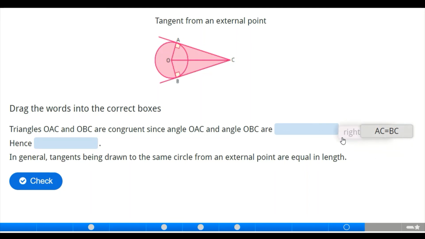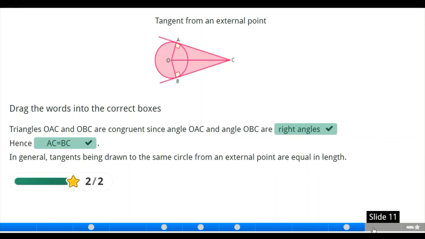So using the right hand side of the process, these are right angle triangles, angle OAC and angle OBC are right angles, and side AC is equal to side BC, so they are congruent in nature. In general, tangents drawn to a circle from an external point have equal length.